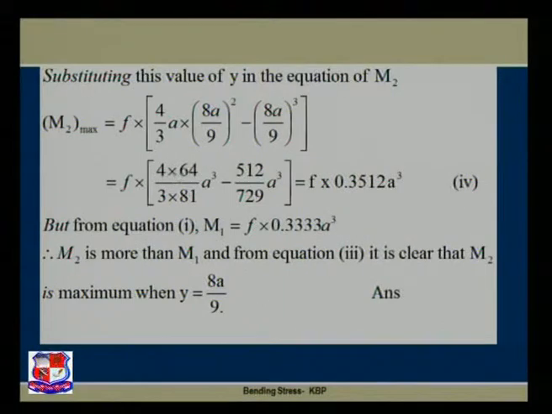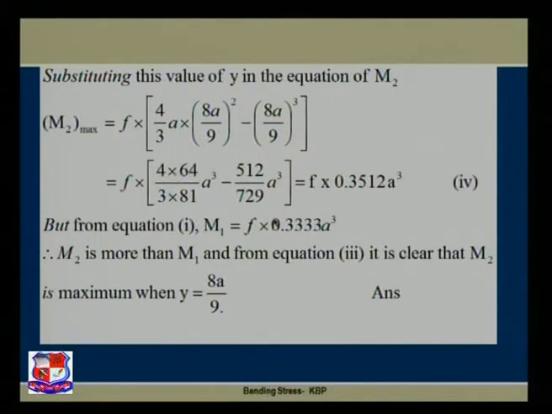So substituting this value of y in the above equation M2, because the intention is to find M2 maximum, by replacing the value of y which is related to a. What is a? Actually twice a has been given to us as one of the diagonals. Hence if we replace over here, we get f into 4 by 3 a bracket 8a by 9 a square minus 8a by 9 a cube.